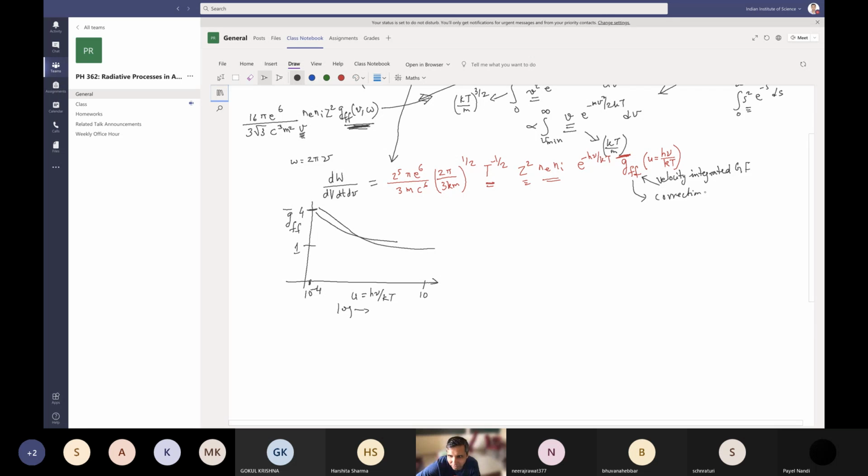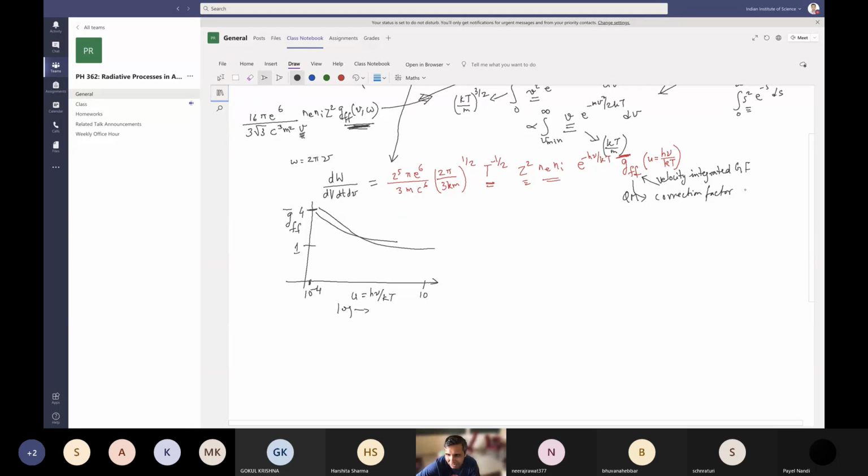This is a quantum mechanical correction factor, and not only quantum mechanical, but also this Coulomb logarithm, log b max by b min, is there. So even if we don't have to consider the quantum mechanical effect, we have to consider this logarithmic factor.